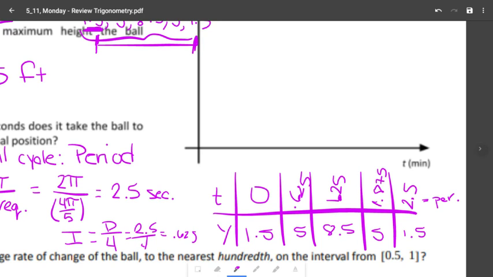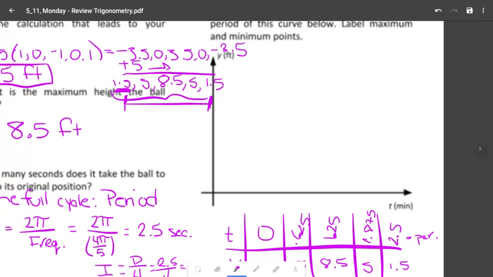So I'm going to label all of this on my axes.